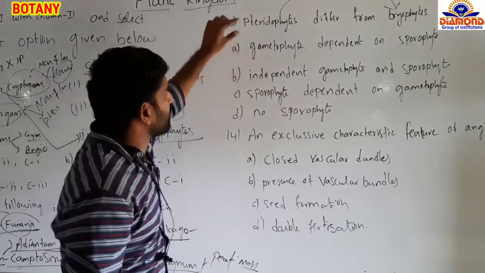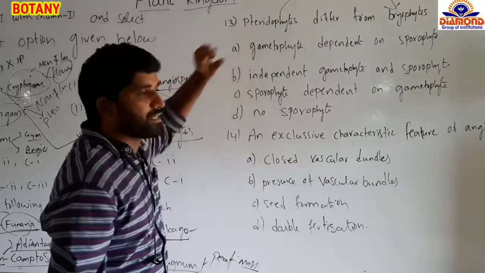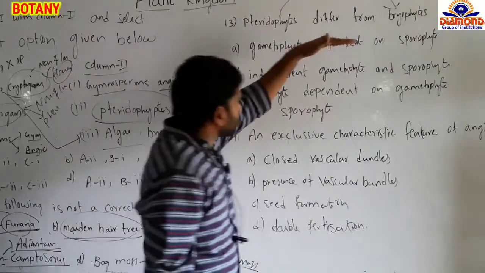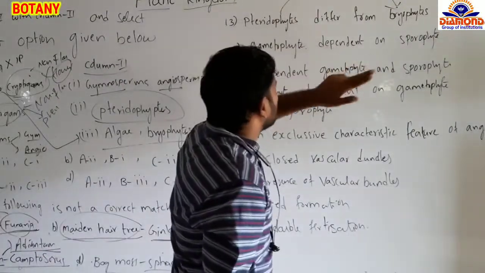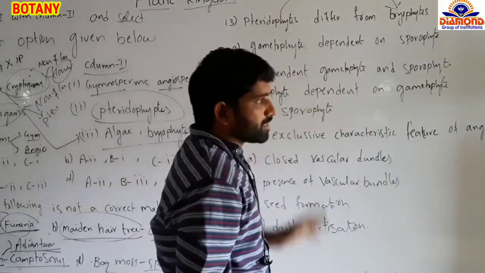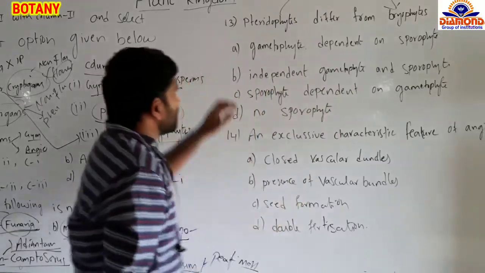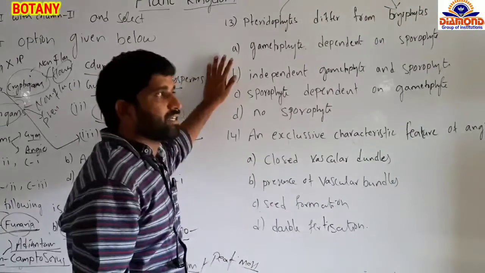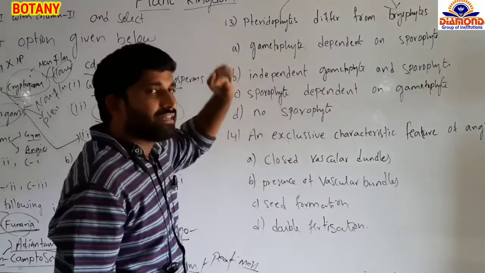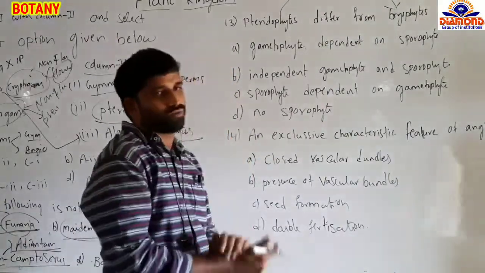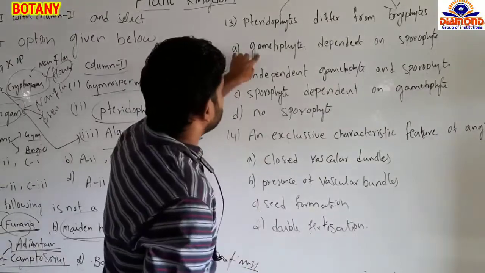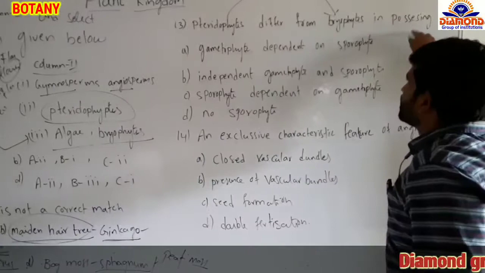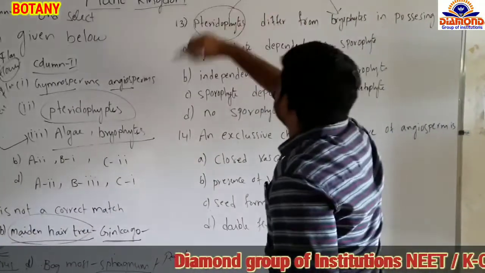But what is the difference between the gametophyte of bryophytes and the gametophyte of pteridophytes? The major difference is that the dominating phase in bryophytes is the gametophyte body, while the dominating phase in pteridophytes is the sporophyte. Now we are going to discuss the differences.